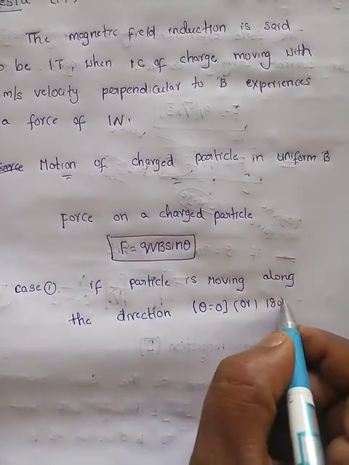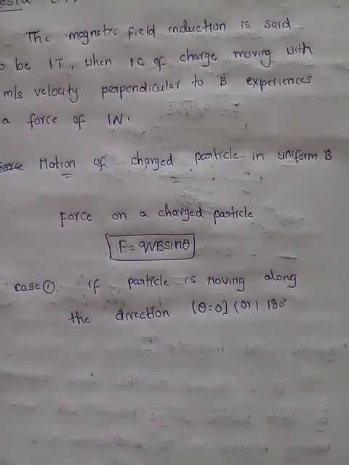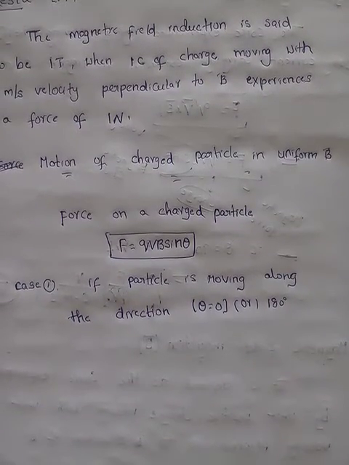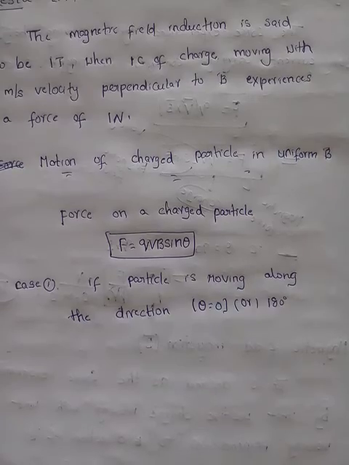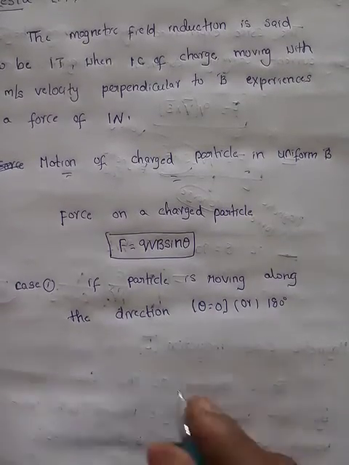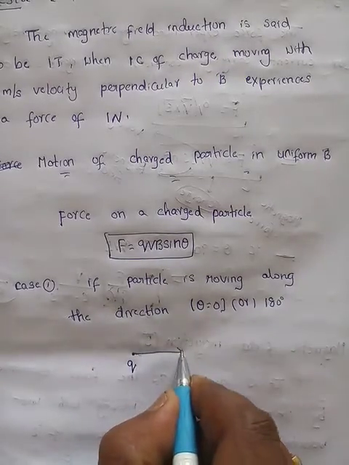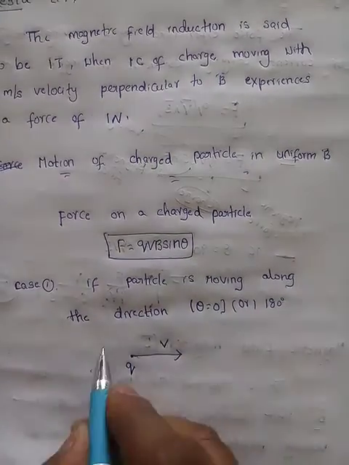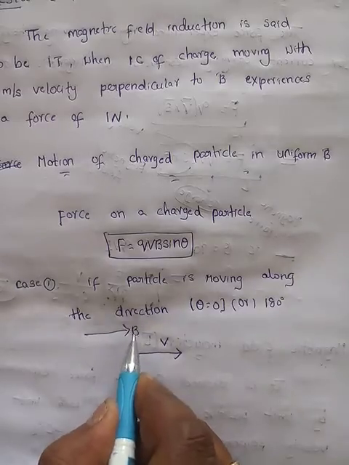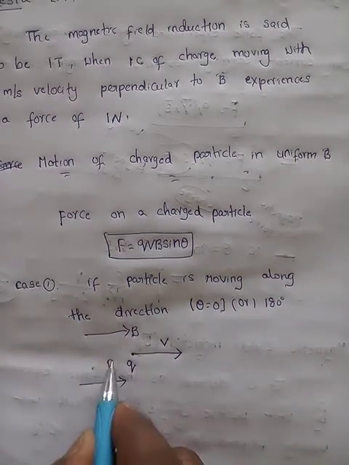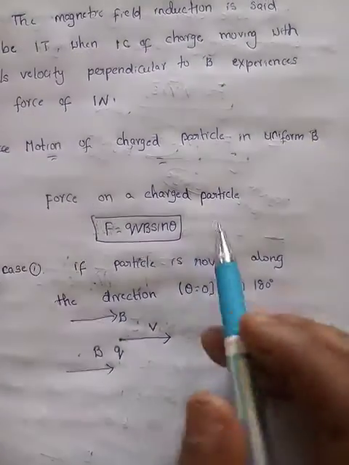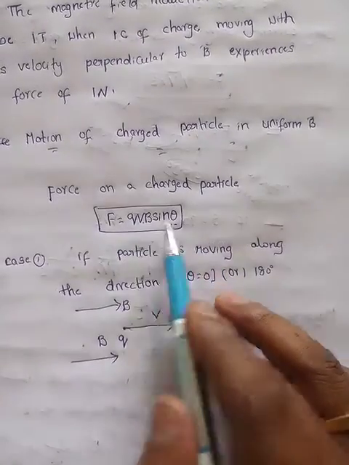If you take both cases, the result will be the same. Means a charged particle is moving in a magnetic field parallel or anti-parallel to the magnetic field. For example, this is a charge moving with some velocity v here. Now we applied a magnetic field in this direction. Now, what is theta here? The angle between velocity and magnetic field.